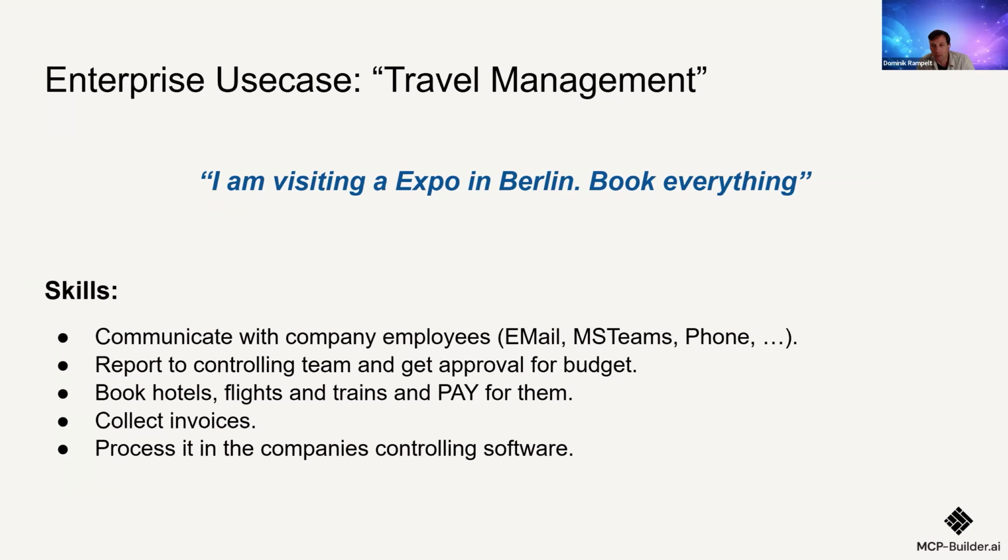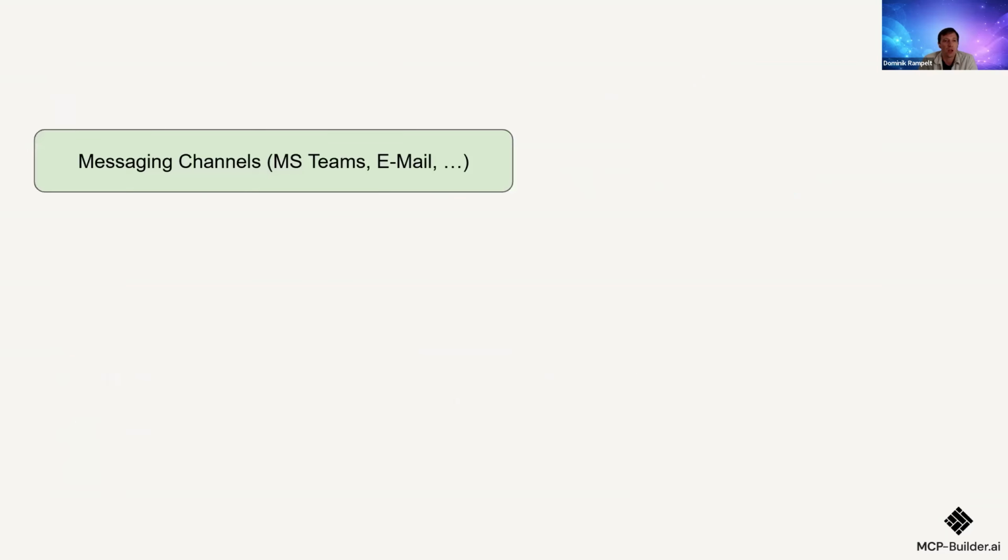So as you see, quite a simple task at first sight. But when you think about it access-wise, it's really a massive amount of skills that the AI assistant would need to have, and of course, access that it needs to have. And now let's take the same use case and think a bit more in technical terms. Like I already said, it needs a messaging channel to the Microsoft Teams accounts of the company.